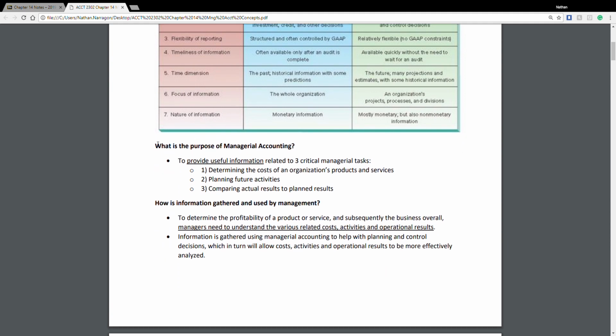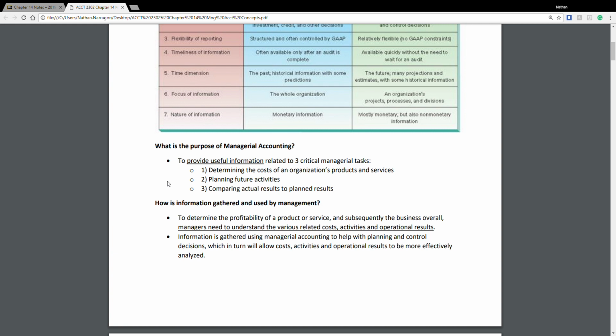We need to do three very important things that are critical: cost, is this cost beneficial, we have to plan for the future, and we have to compare actual results to planned results. This is us comparing what we budgeted to what really happened, and why one thing did better than what we actually budgeted. We may have gotten lucky, got a better contract, or something else happened.